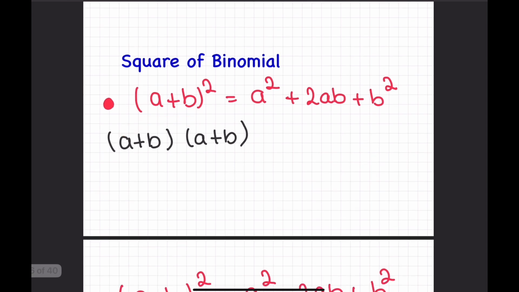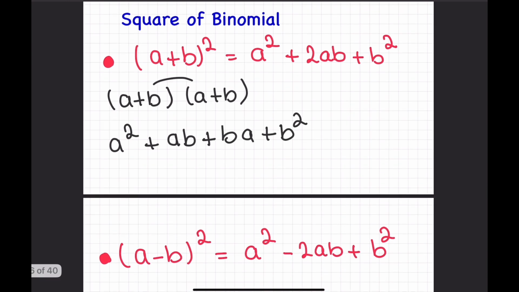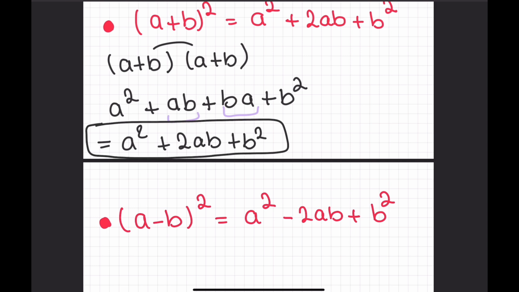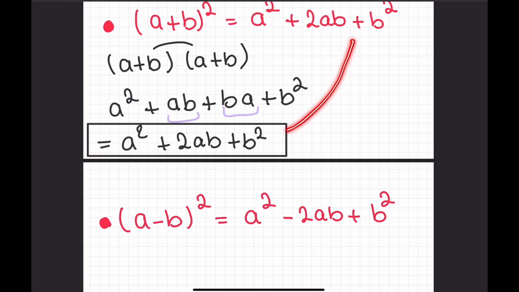Multiplying: a times a is a squared, plus a times b is ab, plus b times a is ba, and b times b is b squared. We have a squared, and these two have the same variable, so I can add them together: 2ab plus b squared. This is how we got the result, and you can see it matches this one.